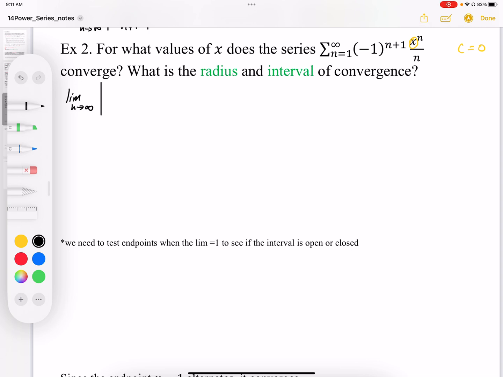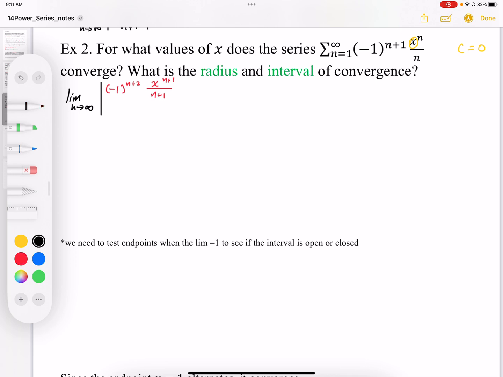Okay, so this gets a little bit complicated, but because there's lots of terms, we're going to have -1 to the n plus 2, and then we're going to end up with x to the n plus 1 over n plus 1.